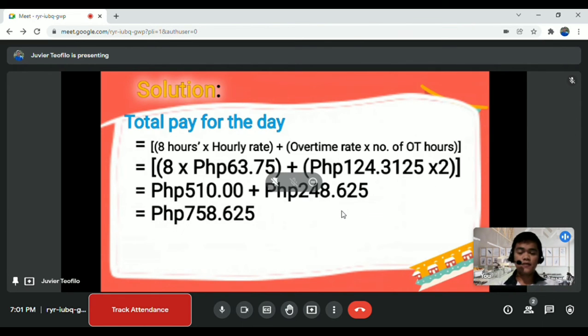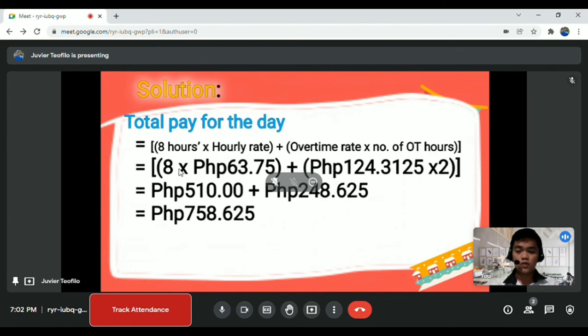So let's have the last: total pay for the day is equal to 8 hours, which is the number of working hours, times our hourly rate, which is 63 pesos point 75 centavos. And our overtime rate is 124 pesos point 3,125 centavos times the number of overtime hours, which is 2.